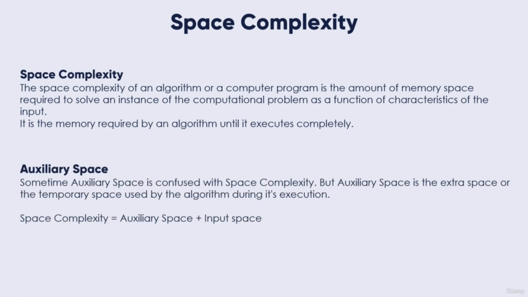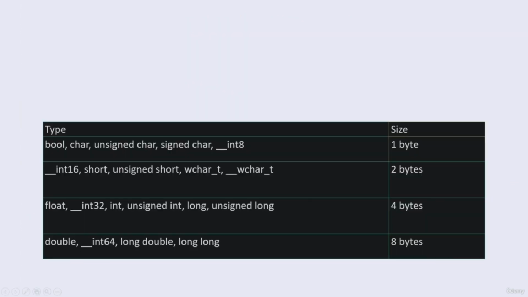Auxiliary space: sometimes auxiliary space is confused with space complexity, but auxiliary space is the extra space or the temporary space used by the algorithm during its execution. So the space complexity in total is equal to the auxiliary space plus the input space. What does this mean?